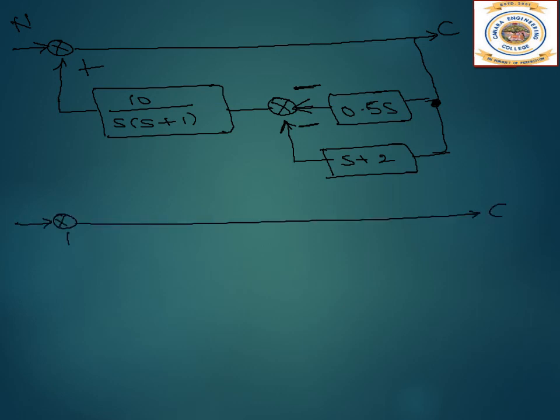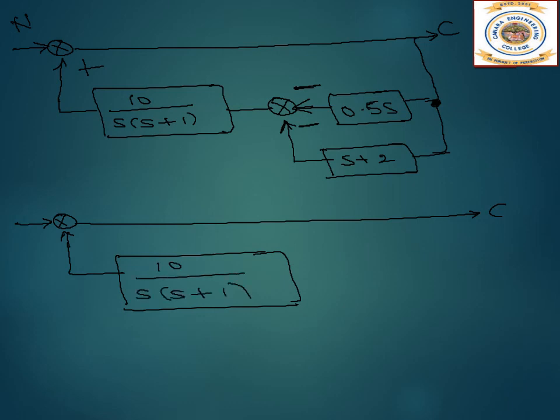See, ten divided by s into s plus 1, and that summation point will vanish because we would have solved this. So this will become 0.5s minus 0.5s minus s minus 2, both are negative there.